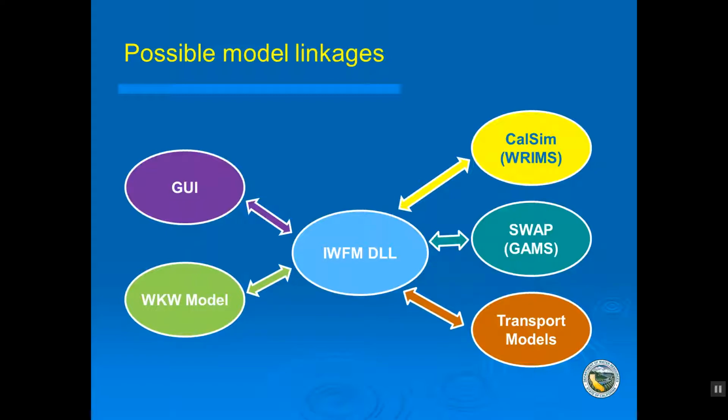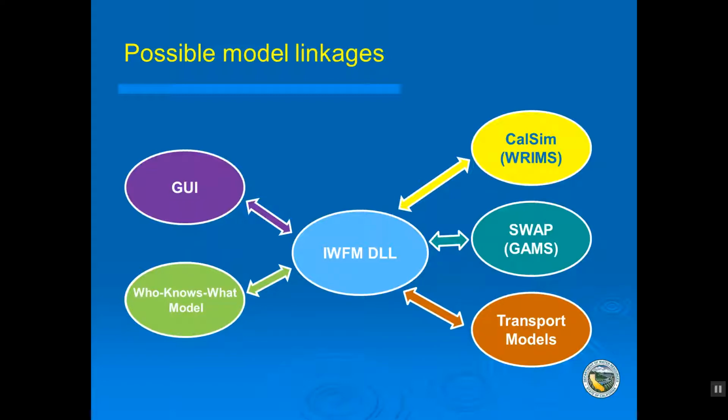We can link it to an agricultural economics model. It's not done yet, but we want to link it to transport models. Graphical user interfaces, like we're working on a graphical user interface built within ArcGIS, using this IWFM library, and the WKW model, which I call the who-knows-what model. So basically this system can be used for a model that currently doesn't exist, but will exist in the future.